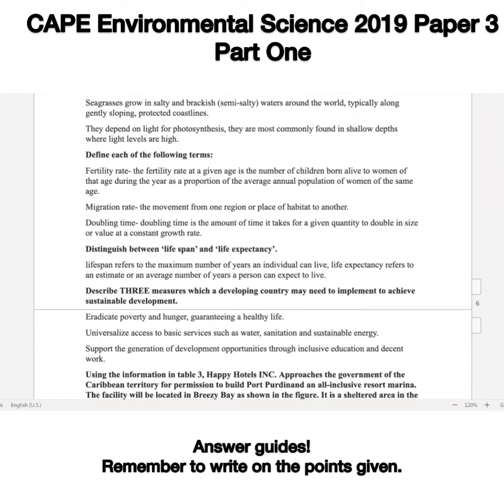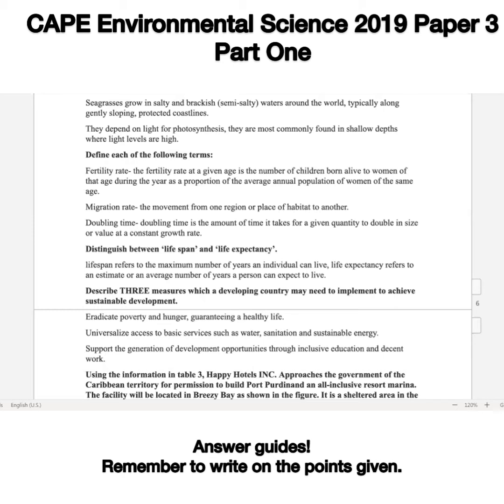Moving on, define the following terms. So we are seeing here fertility rate, migration rate, and doubling time. The fertility rate at a given age is the number of children born alive to women of that age during the year as a proportion of the average annual population of women of the same age.